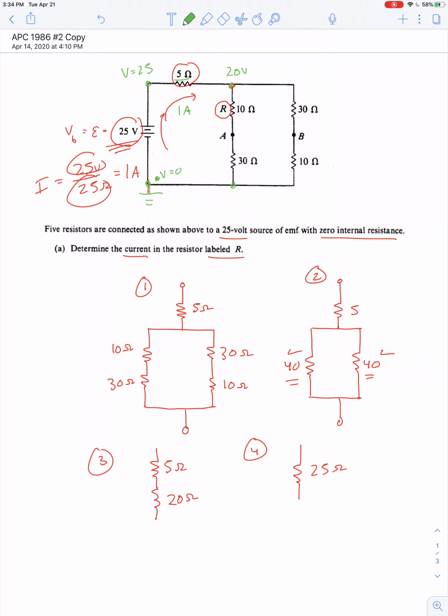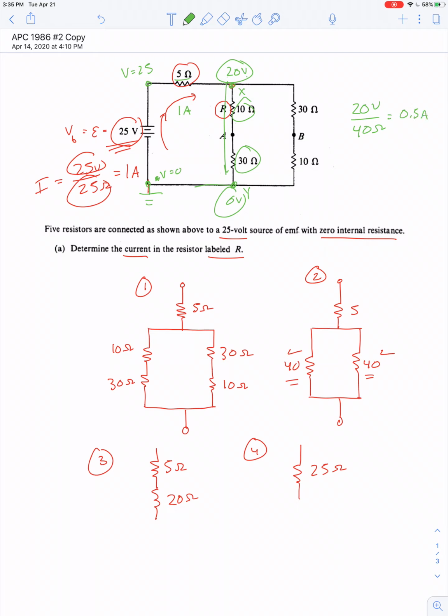And remember, back here, we're back to 0 volts. So the potential difference from point X to point Y, if I'm allowed to label these junctions, is a potential difference of 20 volts. And when 20 volts is applied across a path that has a total of 40 ohms of resistance, 20 volts divided by 40 ohms would give us 0.5 amps.